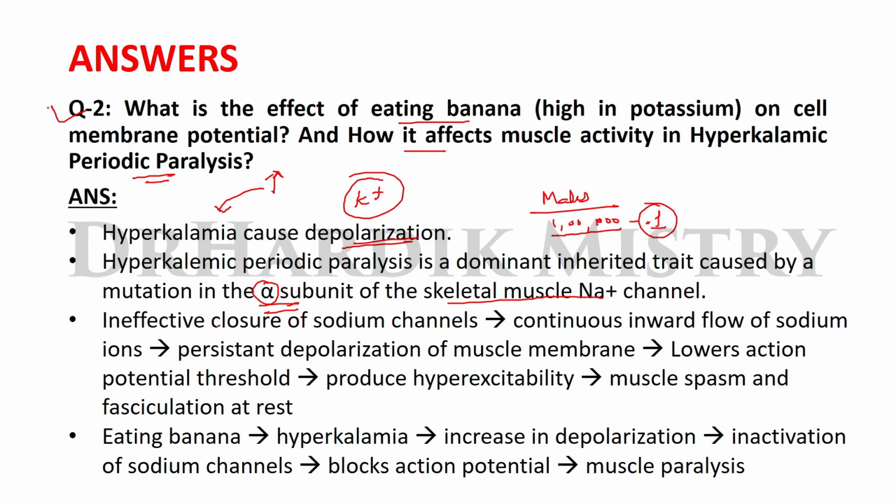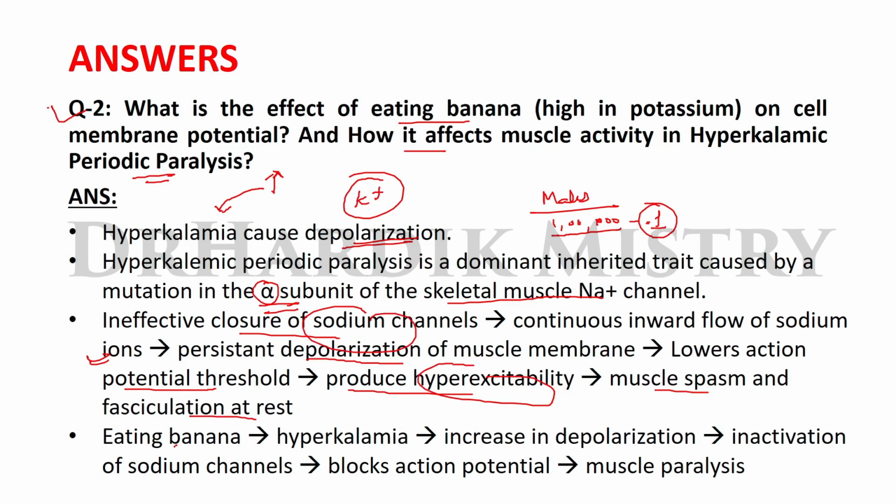Ineffective closure of the sodium channels leads to continuous inward flow of sodium ions, and due to this persistent depolarization of the muscle membrane, it lowers the action potential threshold, and it produces hyperexcitability, and this hyperexcitability causes muscle spasm and fasciculation at rest.